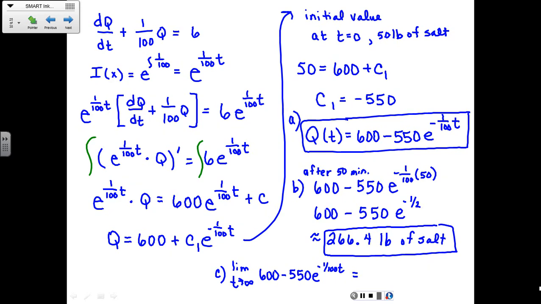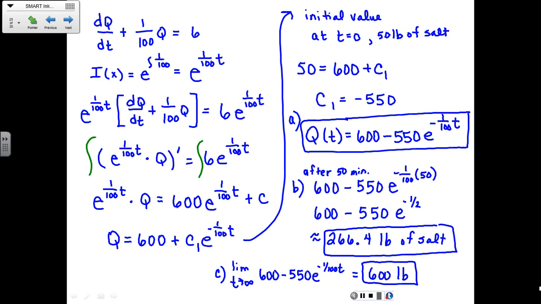So after a long time, what's the max of salt we're going to ever have? 600 pounds of salt in the tank is going to be your maximum amount of salt if that just keeps running forever. Absolutely.